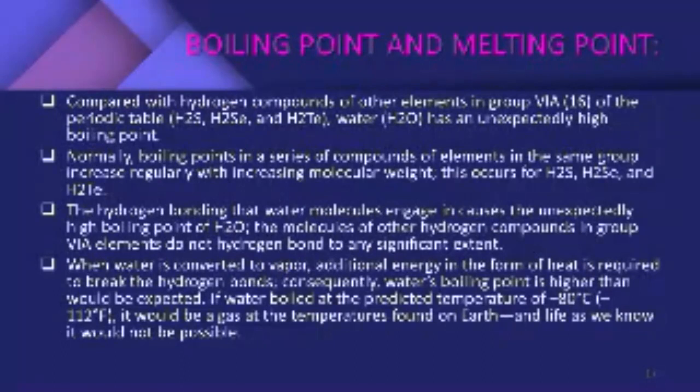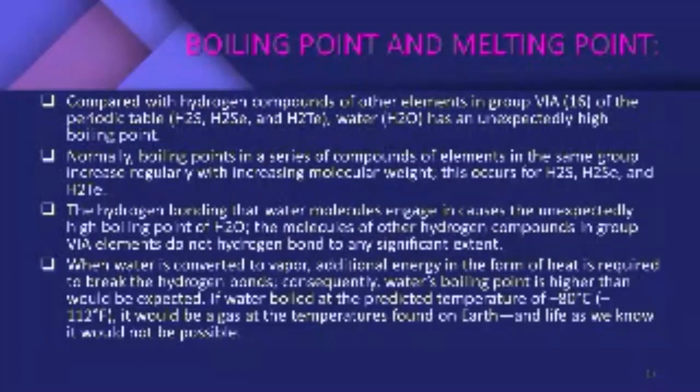This occurs for H2S, H2Se, and H2Te. The hydrogen bonding that water molecules engage in causes the unexpectedly high boiling point of water. The molecules of other hydrogen compounds in group 6A elements do not hydrogen bond to any significant extent.